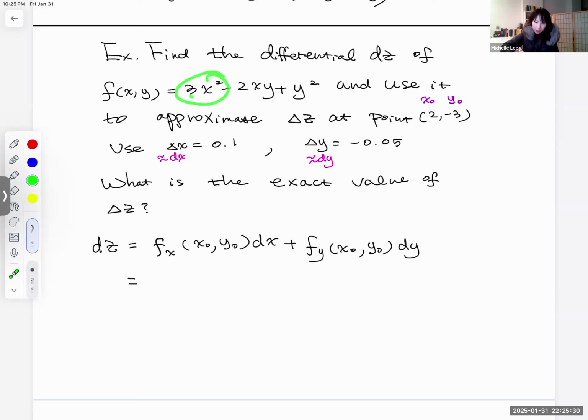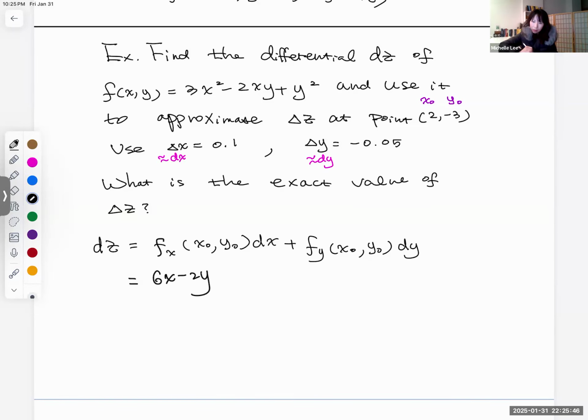Looking at this one, 6x, and minus y is constant, so -2y, and y is 0, right?